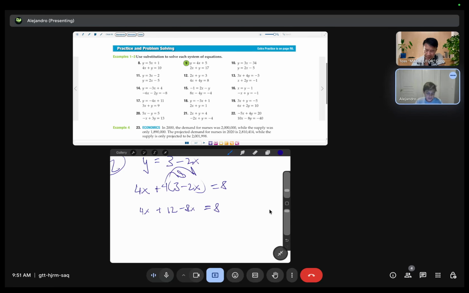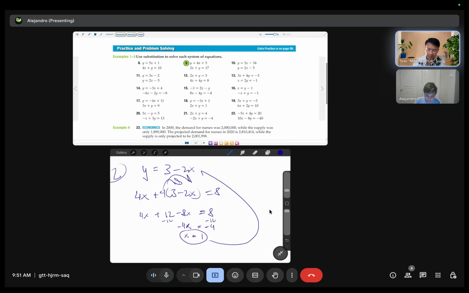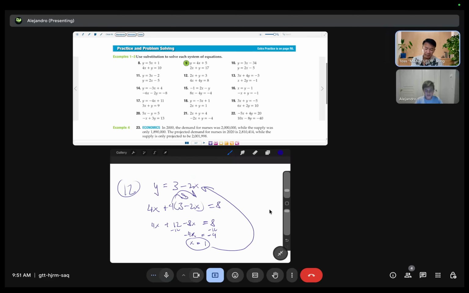So double check. Yeah. Combine like terms, this and this. It'll be -4x. Then I'll subtract 12 over, so I'm left with -4 on the other side. So x is going to be 1, dividing both sides by -4. And then I'm going to plug it into what I solved the y to be.